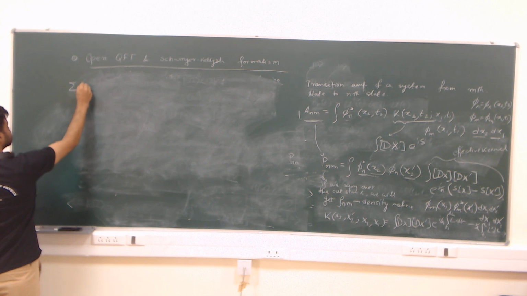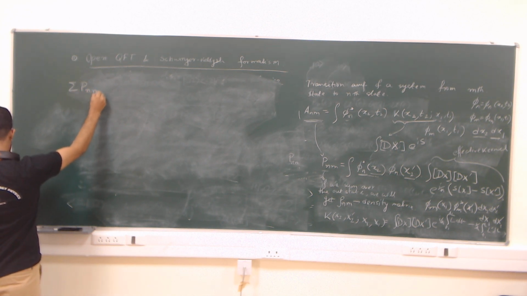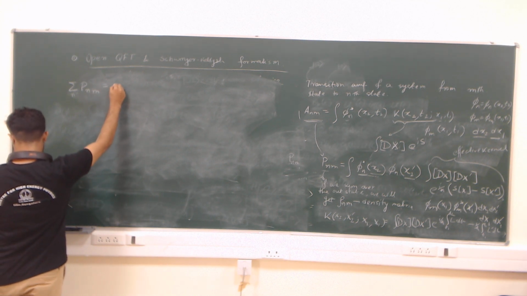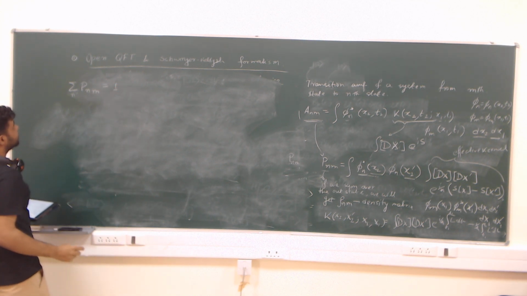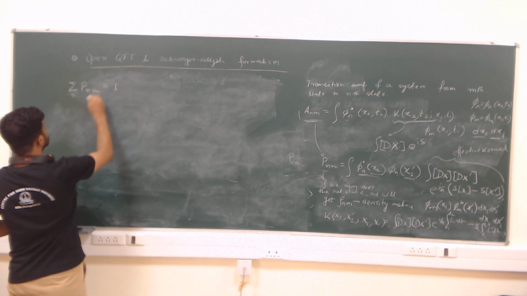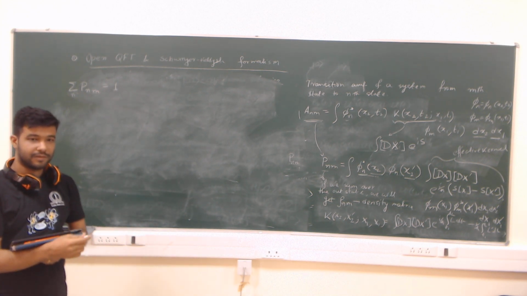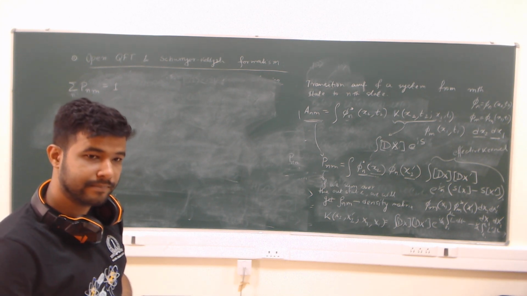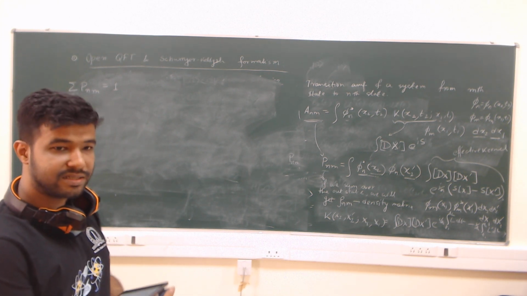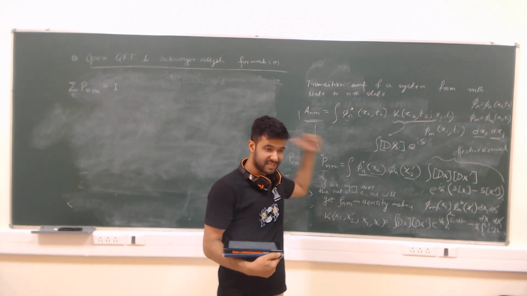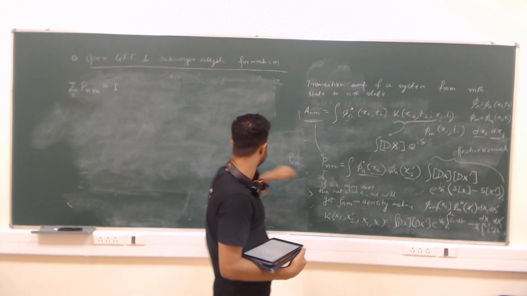The other thing is, if I sum over this thing, I should get the probability to be 1. So the motivation was to construct a path integral representation of the density matrix. Yes, after doing one integration, I will write the expression of the density matrix as well.